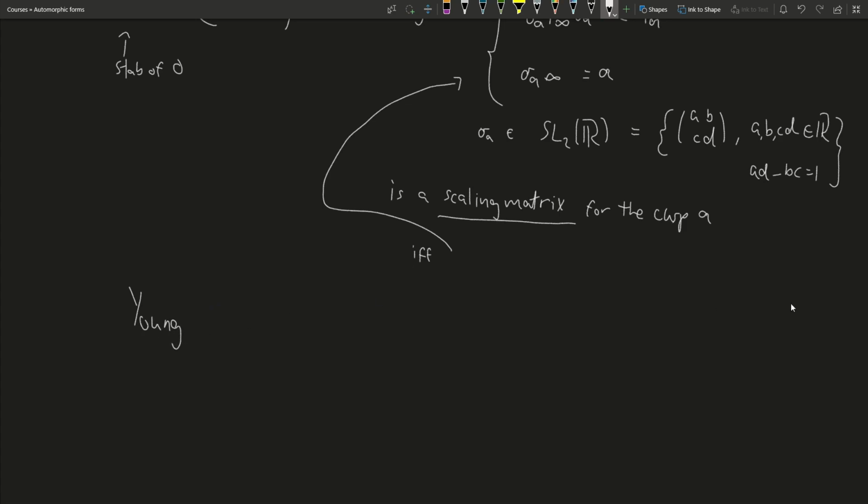Young, let me see which one it is. Proposition 5.2, for explicit choices of your scaling matrices.